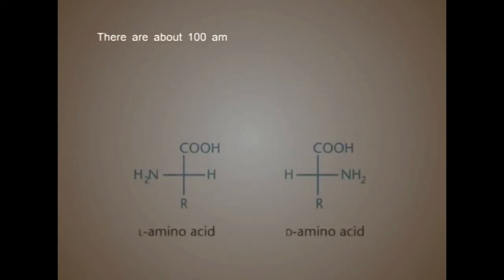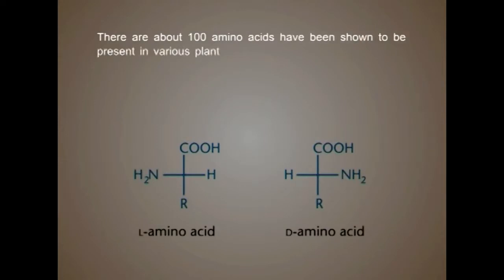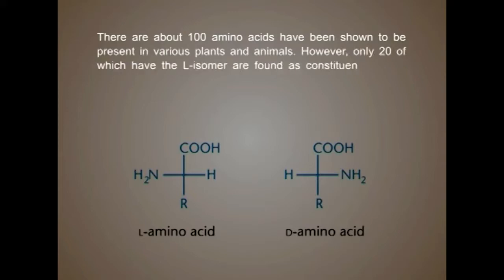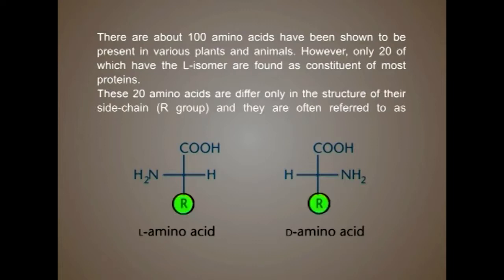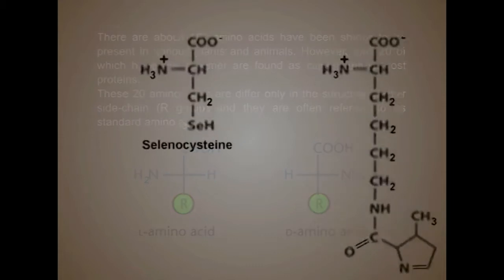About 100 amino acids have been shown to be present in various plants and animals. However, only 20 of which have the L isomer are found as constituents of most proteins. These 20 amino acids differ only in the structure of their side chain, the R group, and they are often referred to as standard amino acids.